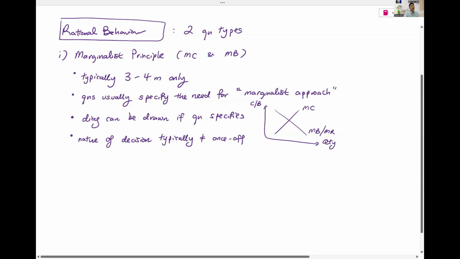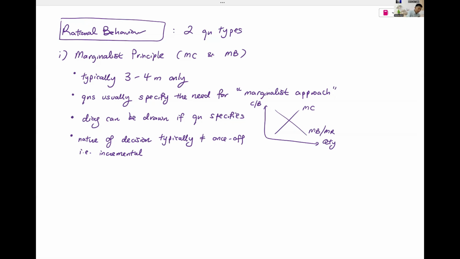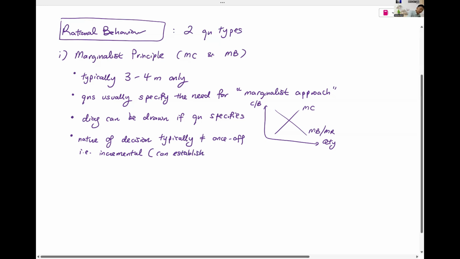When I say it's not once off, I am saying it's also incremental. What is an incremental decision? An incremental decision is one where you can establish what is an equilibrium quantity.